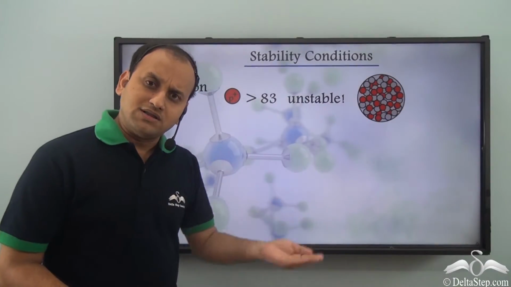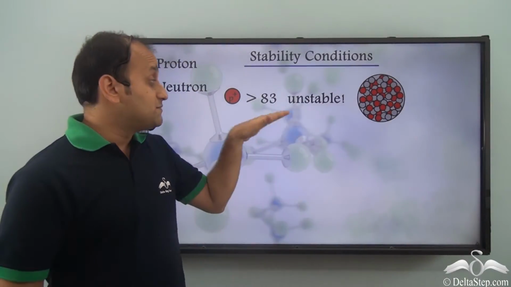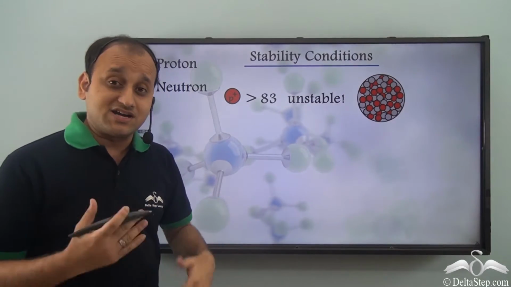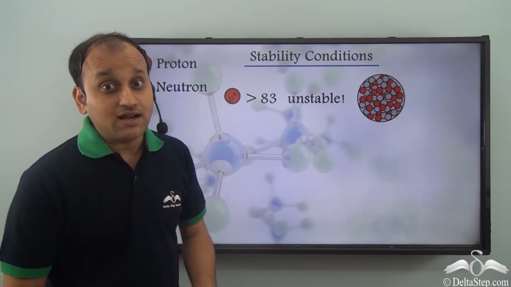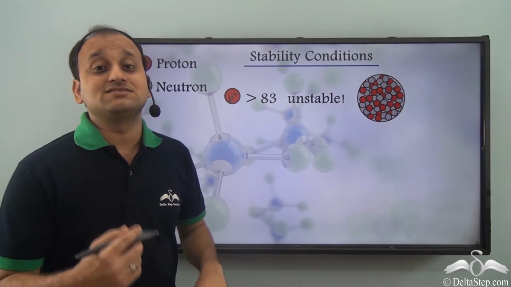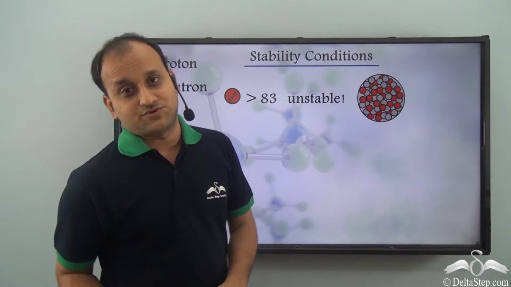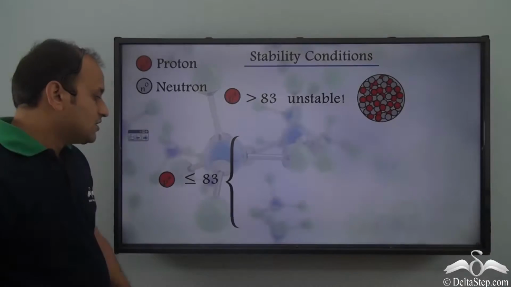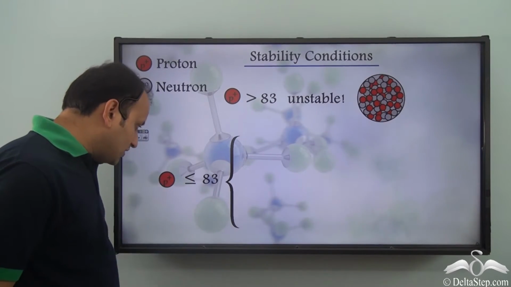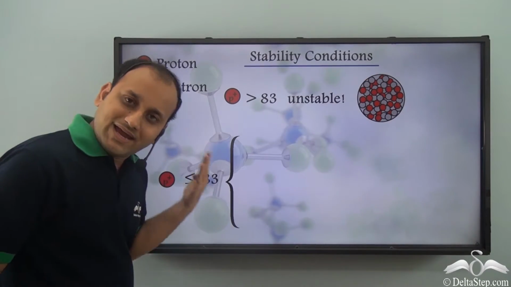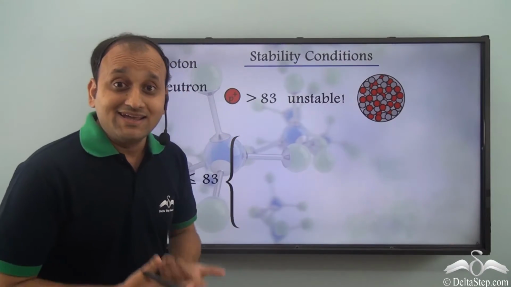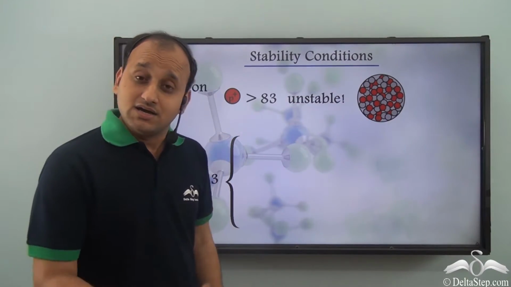But does that mean all the nuclei which have atomic number lower than 83 are stable? Well, usually they are, but there are certain exceptions. So even when the number of protons is lesser than or equal to 83, there can be instability in the nucleus.